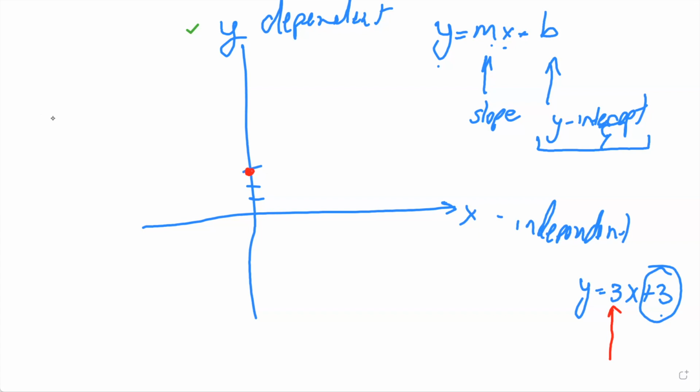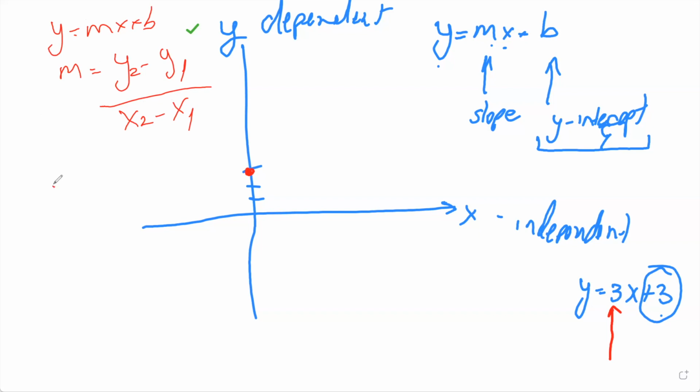Good. Y equals mx plus b, and I'm going to make m equal to y2 minus y1 divided by x2 minus x1. And I'll explain what it means. It means m is equal to rise over run.